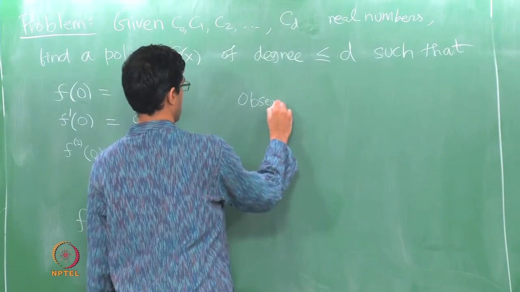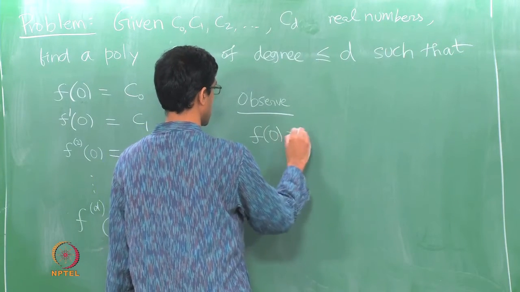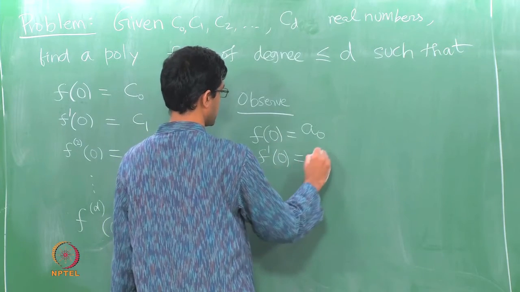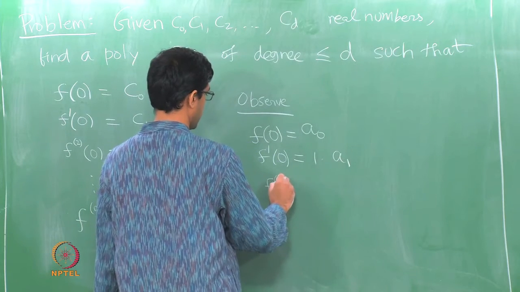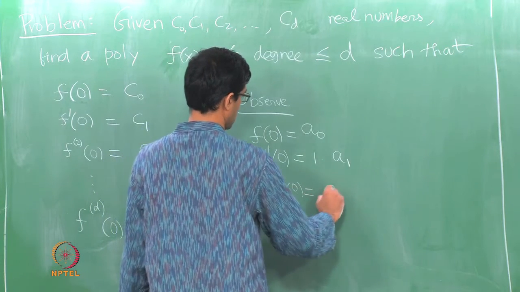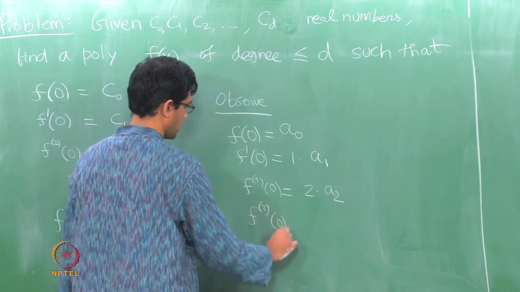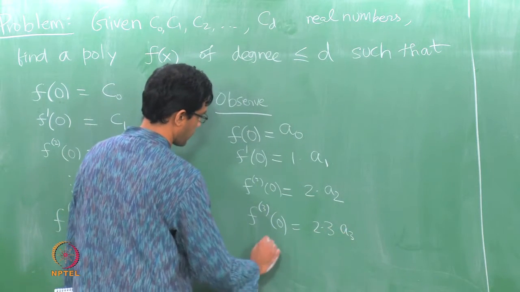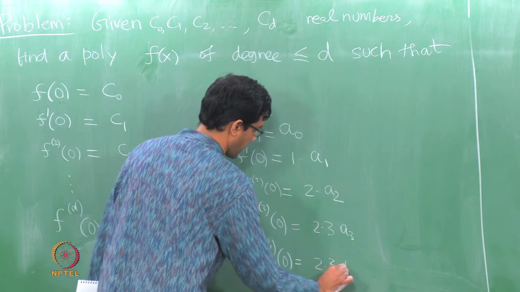So observe that this is quite straightforward from what we are doing, that f of 0 is just a0, f prime, the derivative at 0, is just 1 times a1, the second derivative at 0 is just 2 times a2, third derivative at 0 is 2 into 3 a3, let us just write one more, fourth derivative at 0 would just be 2 into 3 into 4 a4 and so on.